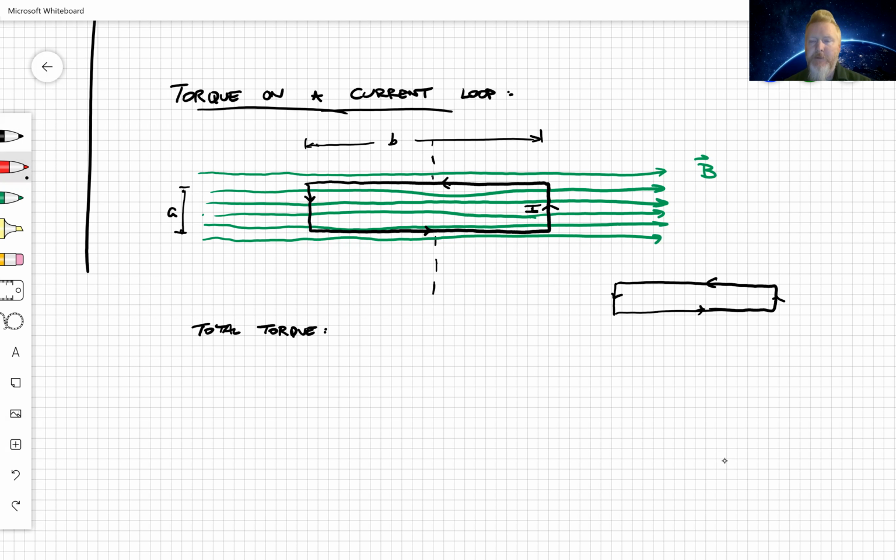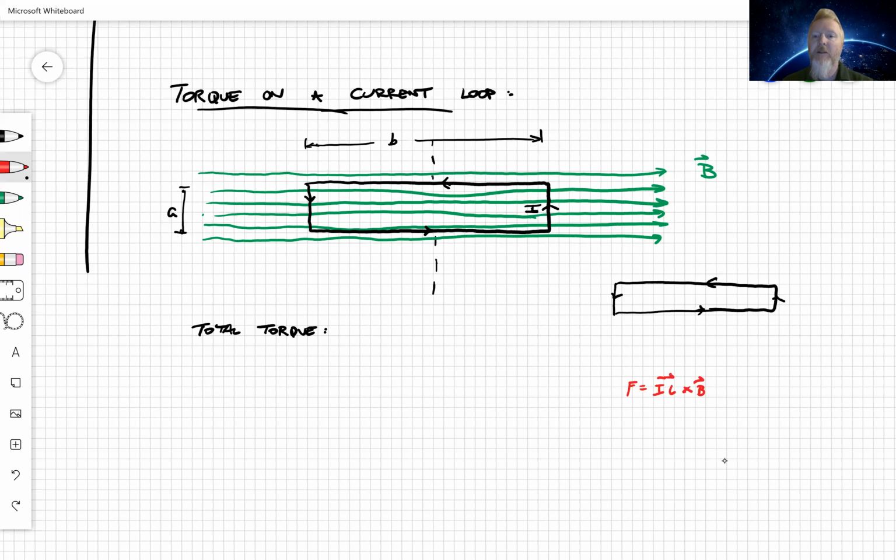Well, pretty straightforward. On the top and bottom, there's going to be zero force because there's no perpendicular angle between the current and the B field. So if we want to draw forces, I need something that's going to give me a cross product.